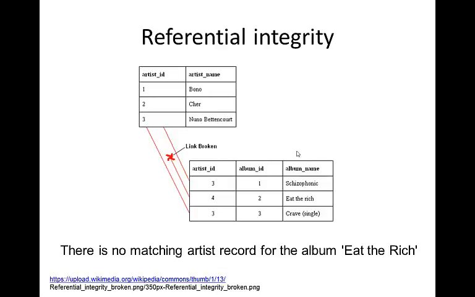So this says number 4, there is no such artist. The database goes, sorry, you can't insert it until you've inserted an artist we can associate with this record. So it stops us entering data that doesn't have associated records, unless we put in a null.